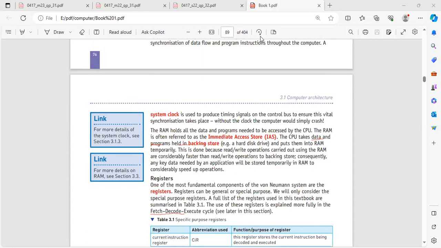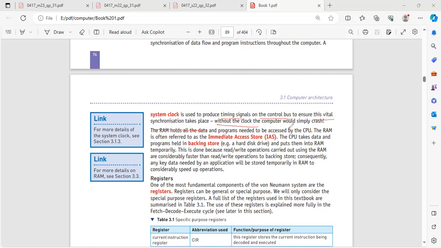Now see this one. The purpose of the system clock is to produce timing signals on the control bus to ensure that vital synchronization takes place. This means every part of the computer needs to be ready to perform a specific task so that everybody knows at which time an operation will be performed.